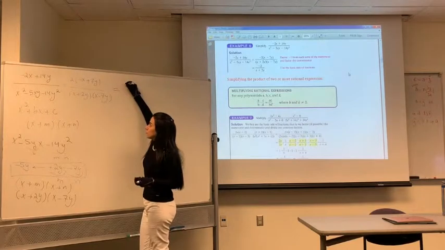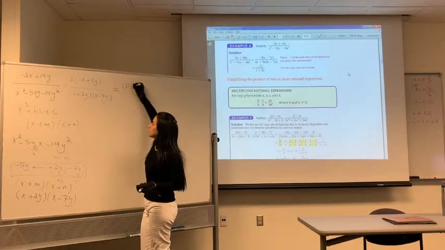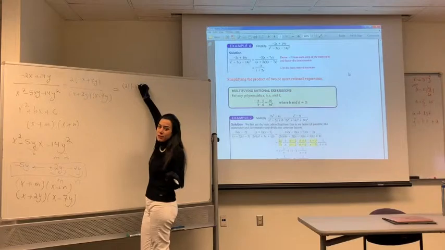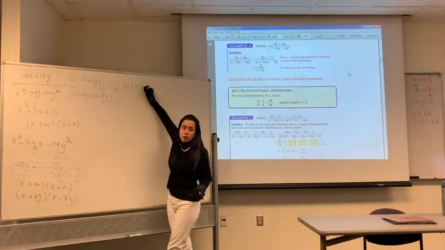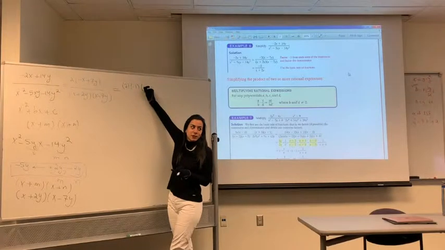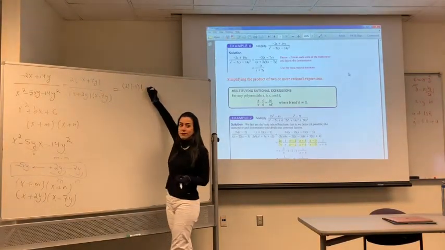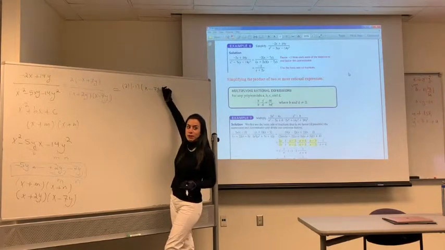So 2 multiplies 2, write down negative 1, correct? You are factoring out a negative sign, which is negative 1, correct? Multiplies 2, x, negative x becomes positive x, 7y becomes negative 7y, correct?